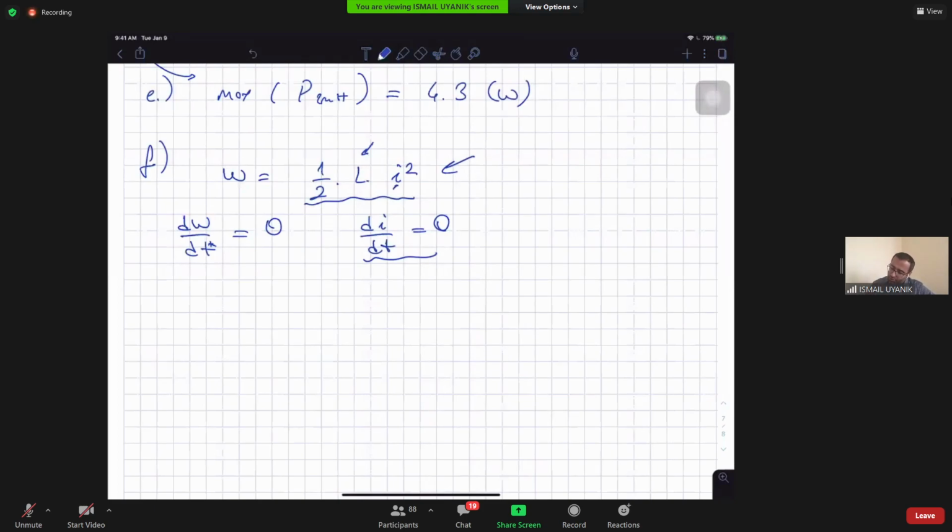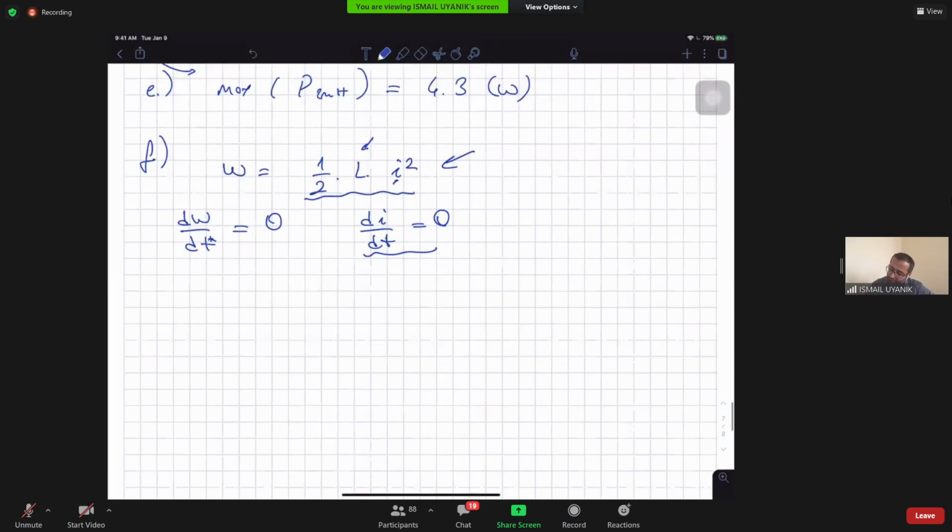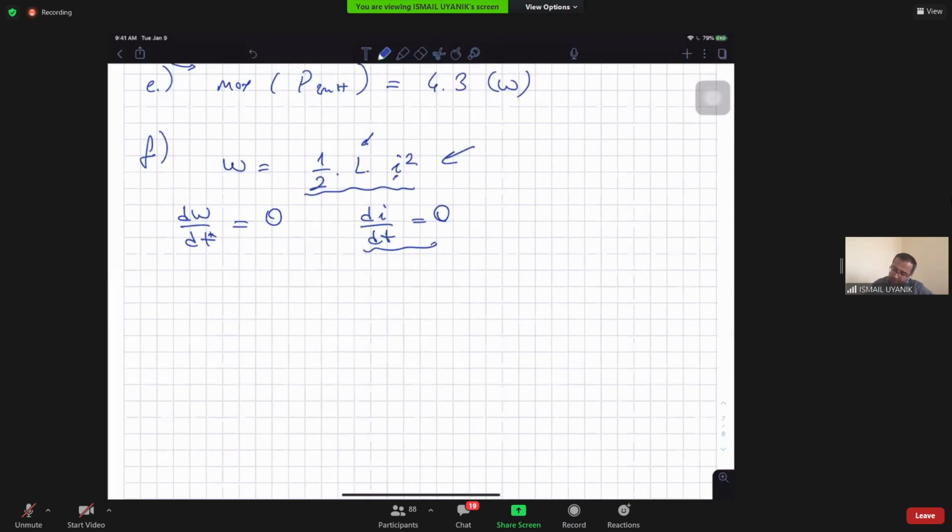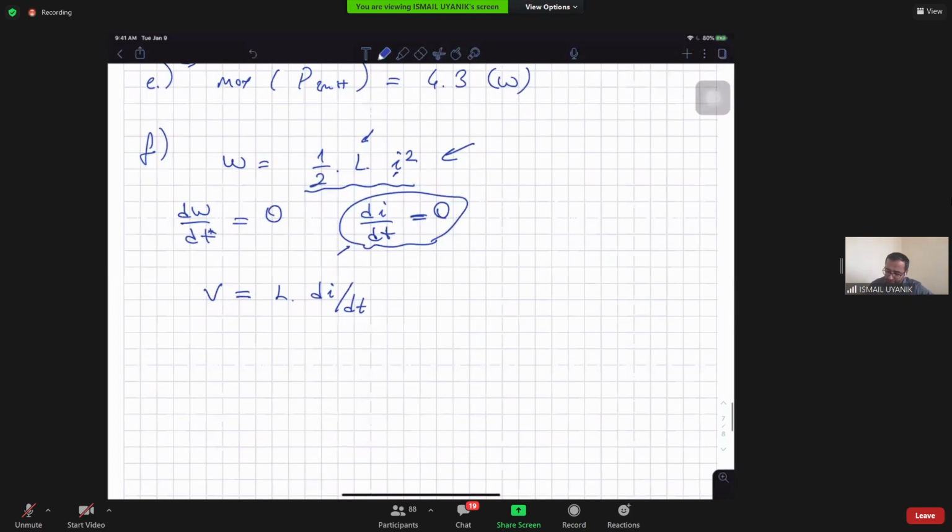When do you get this thing equal to 0 then? The next question is, can we intuitionally understand what happens when di/dt is 0? If you remember the voltage equation, voltage is L times di/dt, right? So we are looking for the instant when this thing is equal to 0.